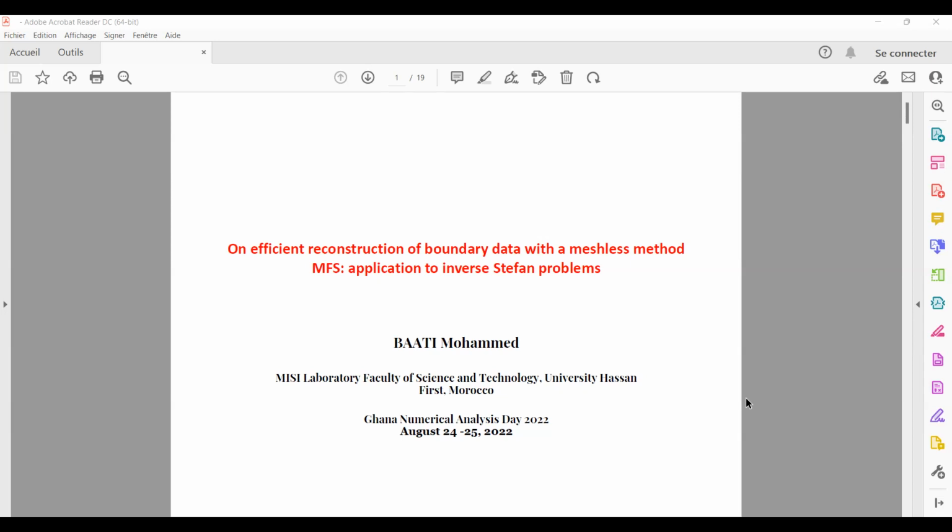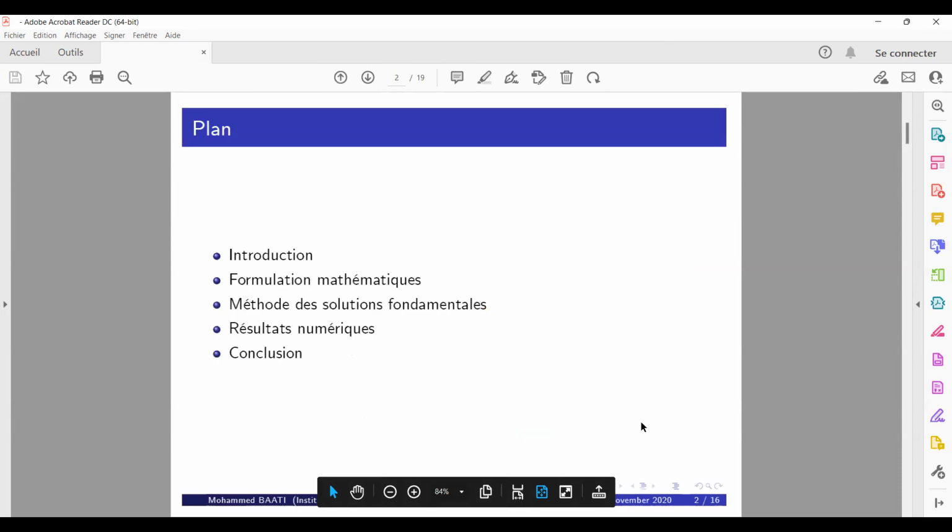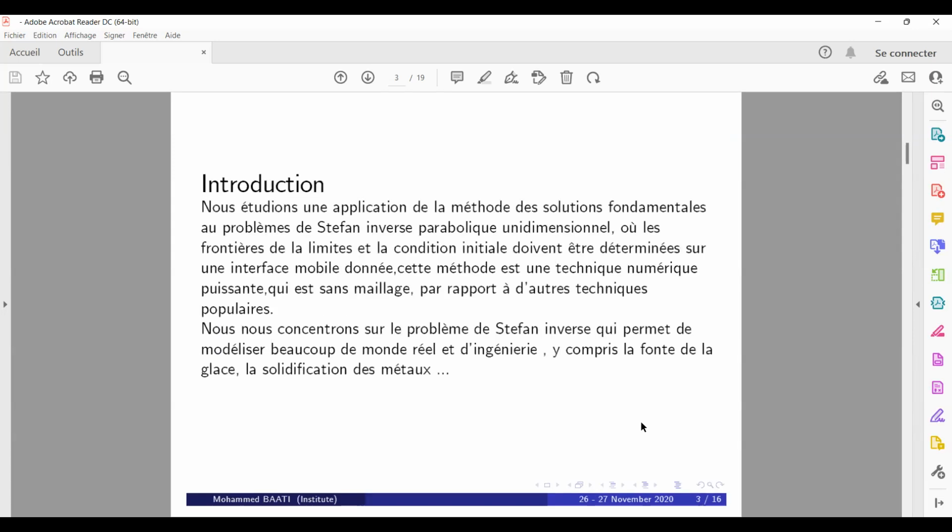Donc, pour le plan, on a introduction, formulation mathematics, and method fundamental solution, application the method the solution fundamental, and résultat numérique, and conclusion.